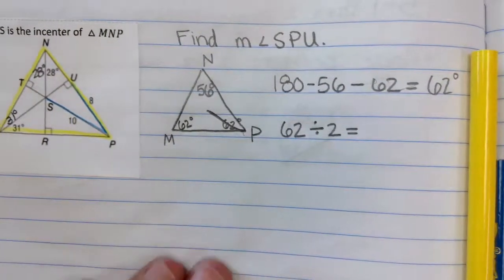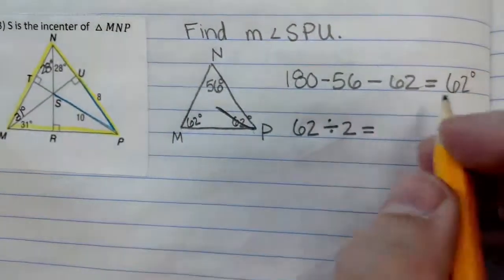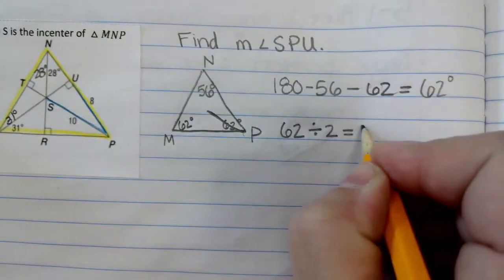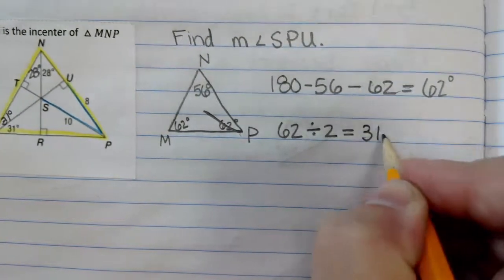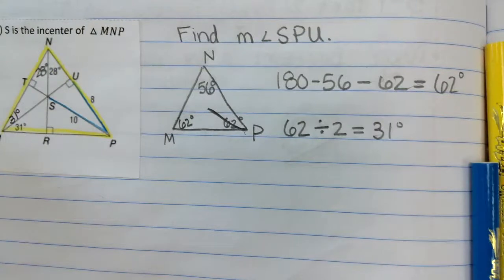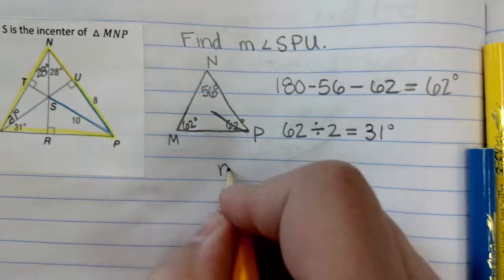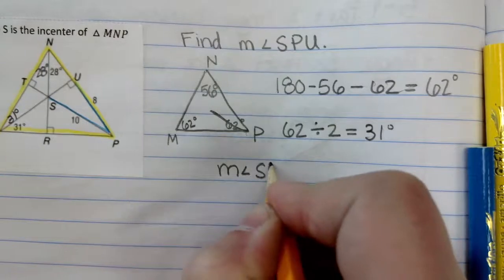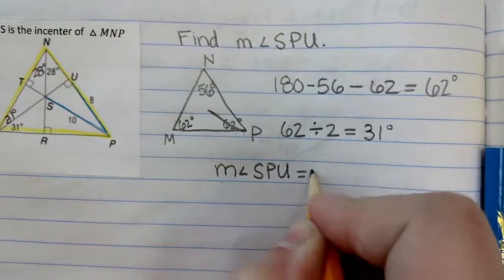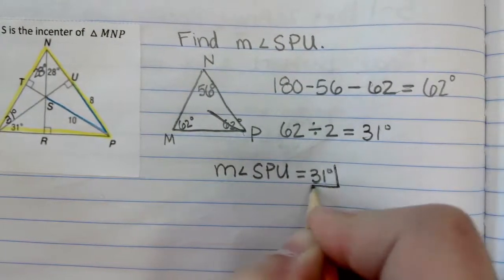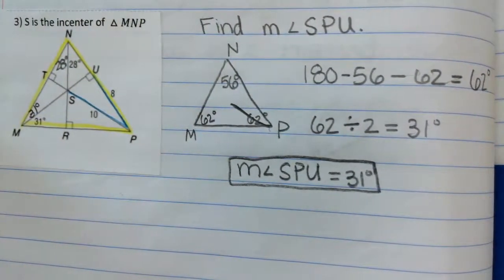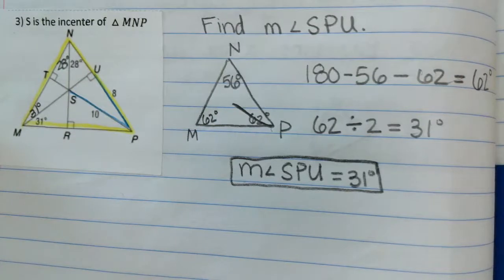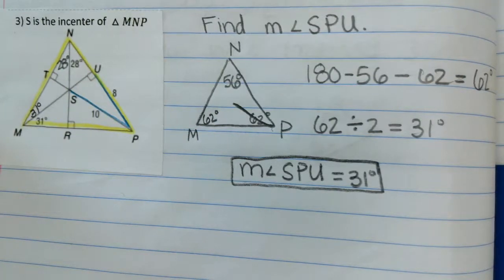And what's 62 divided by 2? 31. So for our final answer, the measure of angle SPU equals 31 degrees. So for this problem, we really ignored quite a bit of the information, other than we knew that it bisected it. So we were able to say 31, 31, 28, 28. And then we were able to use that information to find that last missing angle and split it into 2.